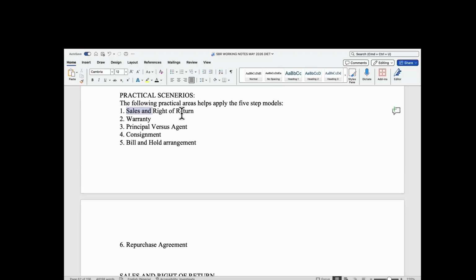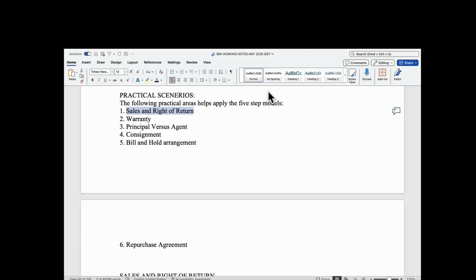So we looked at sales and right of return, where the customer has the right to return. And we said that the seller cannot recognize revenue until the period for which the customer has right of return has elapsed.